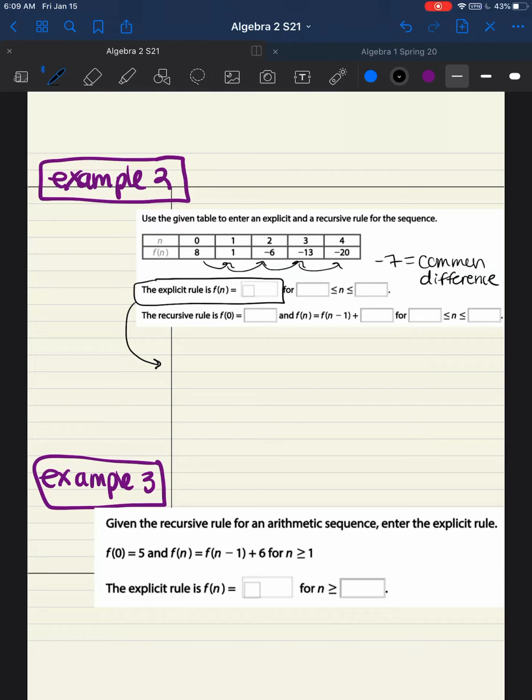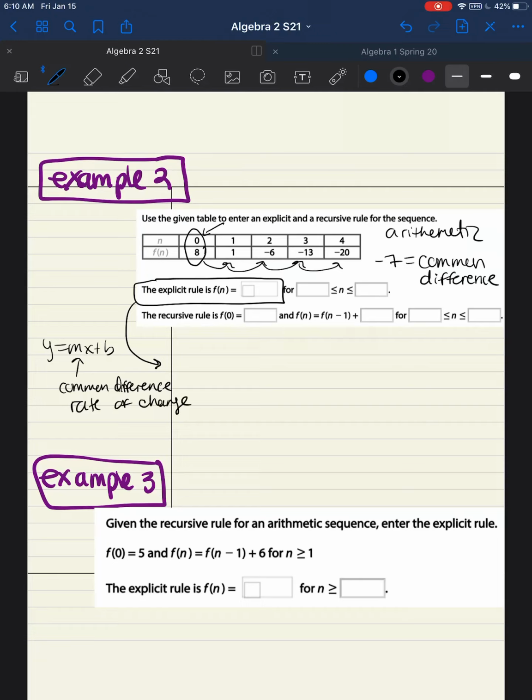So to write the explicit rule for this one will be very similar to example 1. We are given this 0-step value. Clearly this is arithmetic, so then we know we're doing it in slope-intercept form, where slope is our common difference, aka the rate of change.